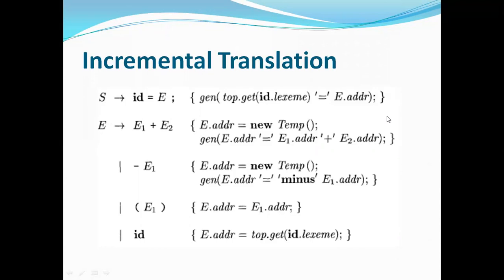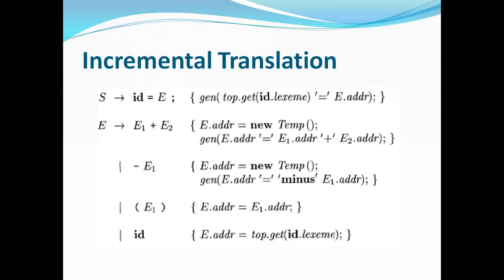What it means is, here we are not writing an attribute for the code, only for the addresses. Only for the addresses we are implementing the translation schemas, and we name it incremental translation. The function newTemp generates new temporary variables. The function append appends the three address code to the output file.